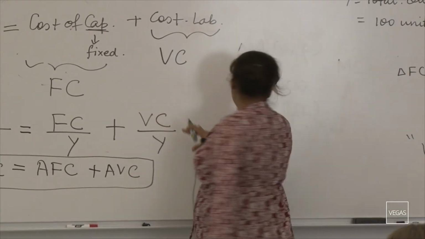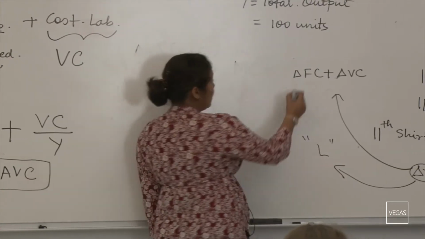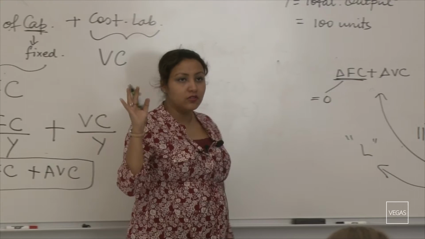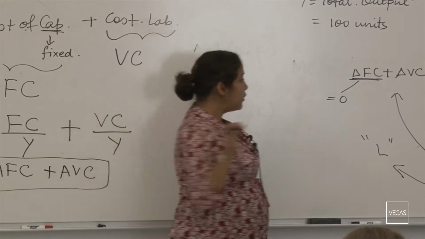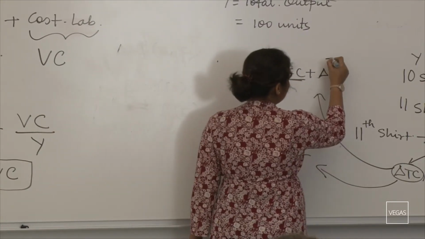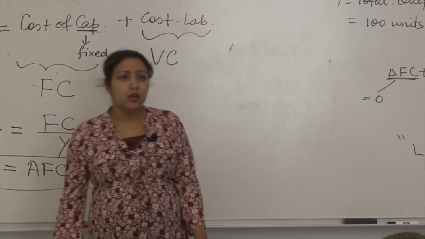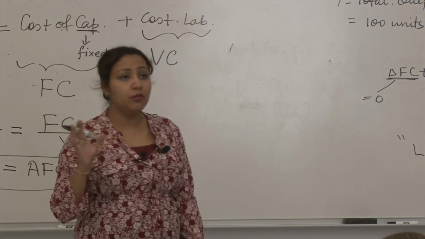But since I cannot change capital, the change in fixed cost will be equal to 0. There is no change. So whatever change takes place must be through the variable cost, and that must be equal to the 20. Now that variable cost is coming from labor.